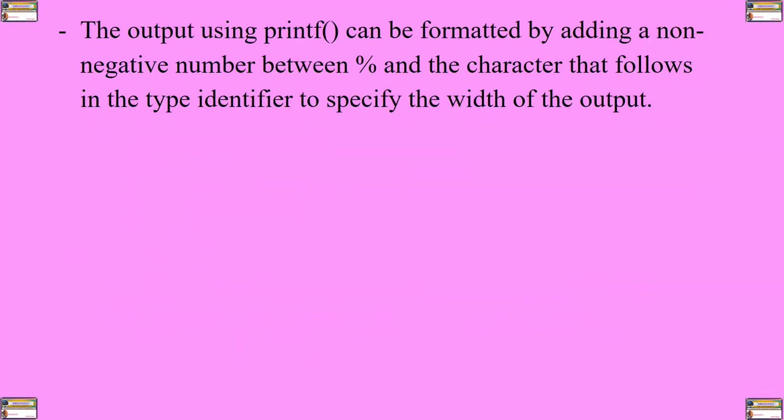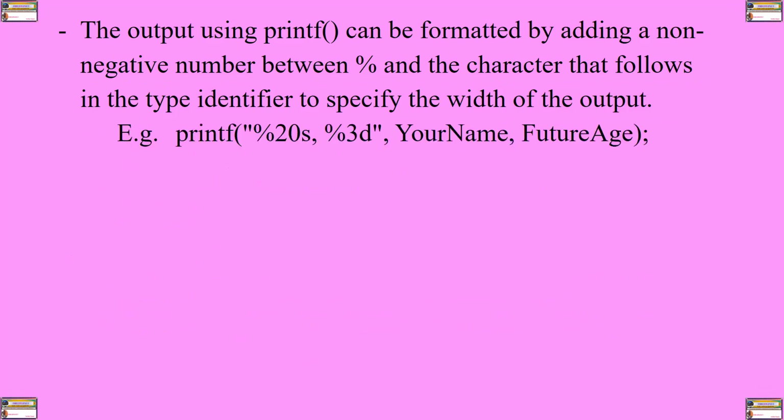So the output using printf can be formatted by adding an optional number between % and the character that follows in the type identifier to specify the width of the output. In other words, what we are saying, my dear students and the rest of the learners, is that you can format your output by specifying the size or the number of characters that you would like to be displayed.